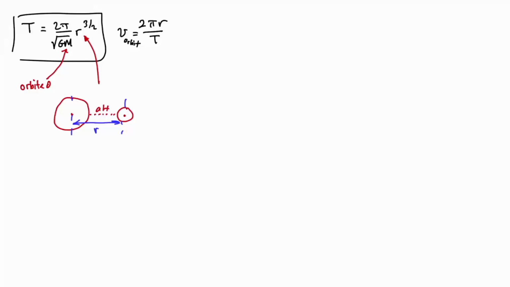Just by way of making sure you understand, if it's Phobos, one of the moons of Mars, what mass are you putting in there? Mars's mass. If it's Venus, what mass are you putting in there? Mass of the sun. If it's an asteroid in the asteroid belt, what are you putting in there?